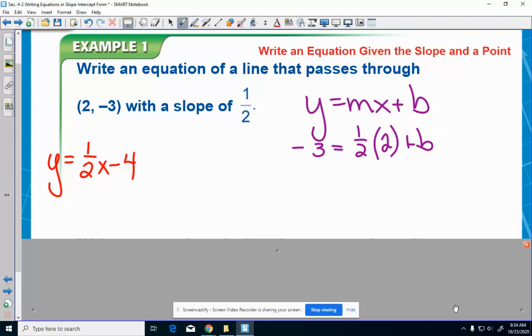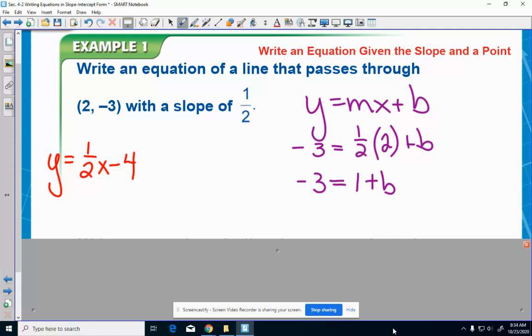You should be able to tell me what b is equal to by simply solving this. What is a half times 2? It is 1. So I'm left with -3 is equal to 1 plus b. What are you going to do now? If I'm going to finish solving that, what's the last thing I have to do?